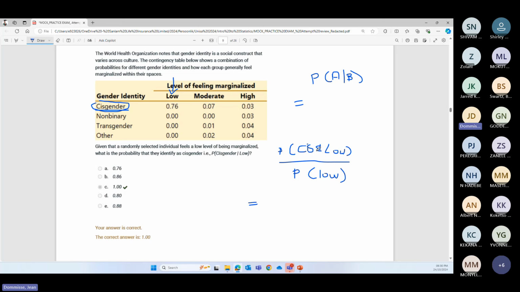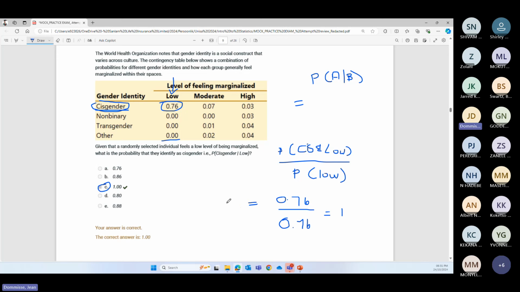So the probability of that is 0.76. And then the total of low is also 0.76. So that is equal to 1. Sure.